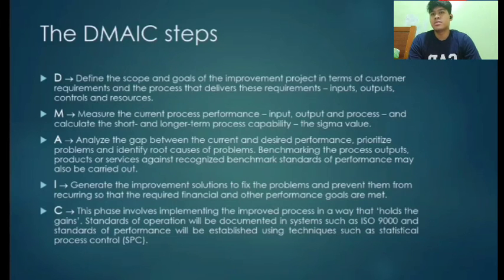So, C, we have this. This phase involves implementing the improved process in a way that holds the gains. Standards of operation will be documented in systems such as ISO 9000 and standards of performance will be established using techniques such as statistical process control or the SPC.